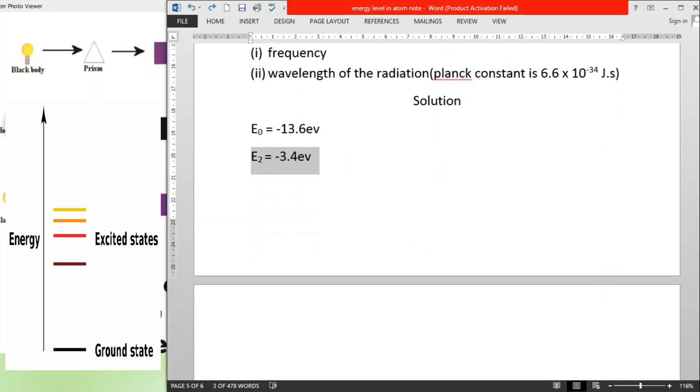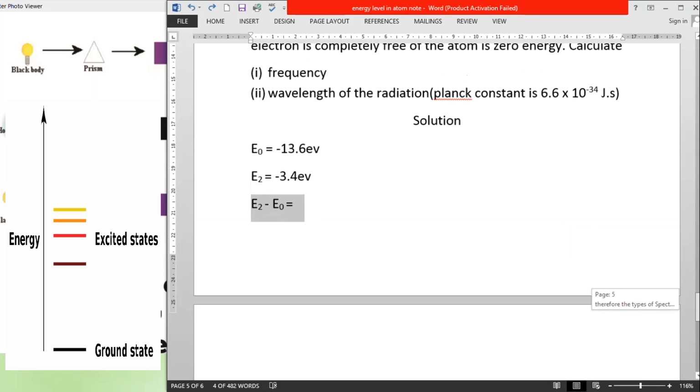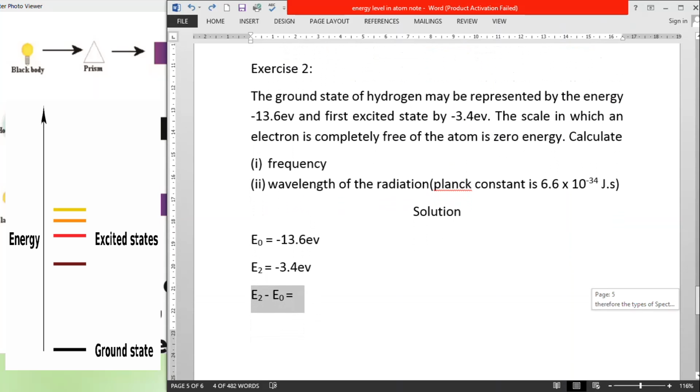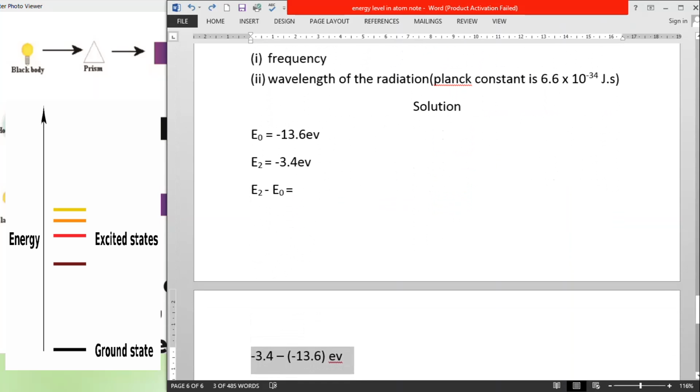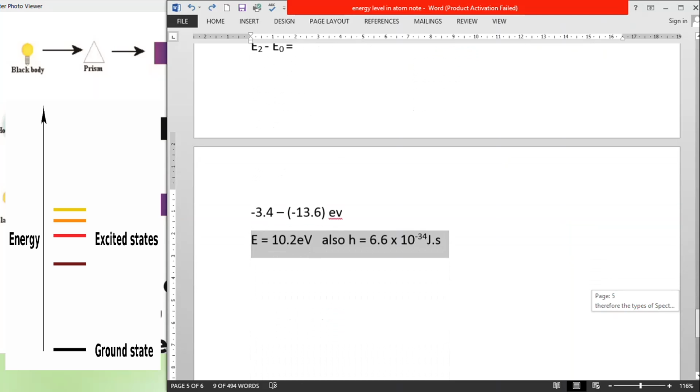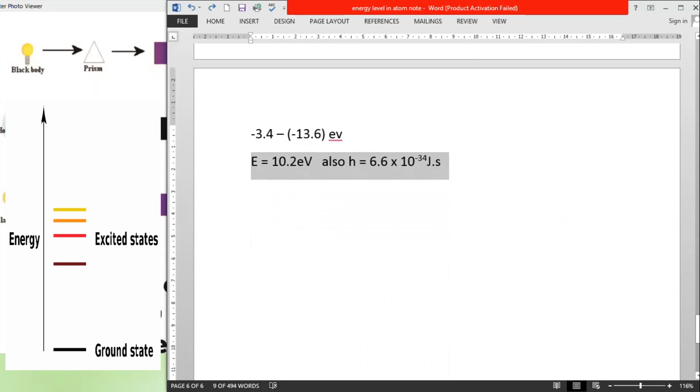Also, we are going to have a change of energy, which is E2 minus E0. So if we do E2 minus E0, what we are going to have is minus 3.4 minus minus 13.6, which gives us 10.2 electron volt.